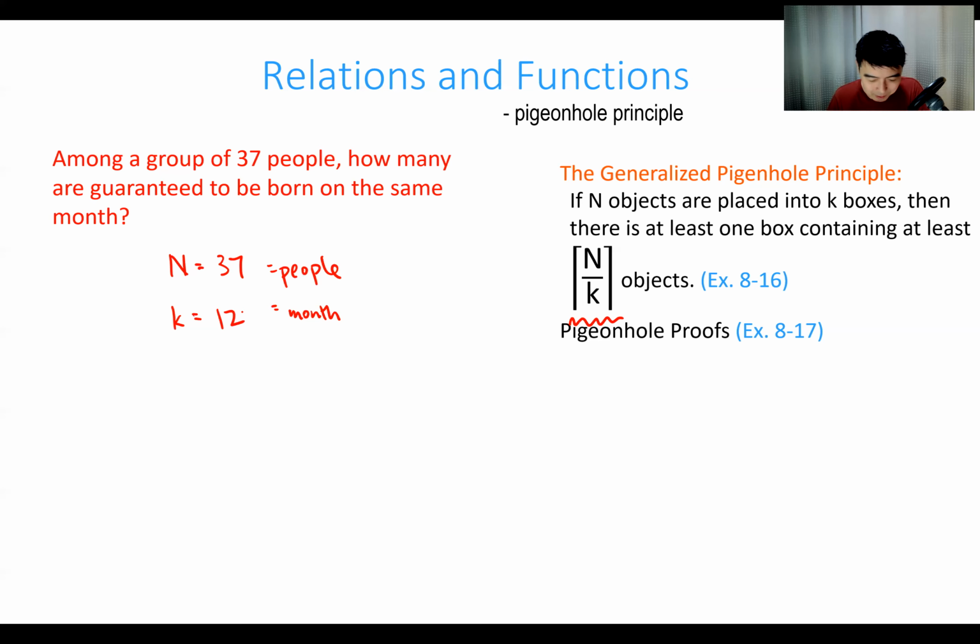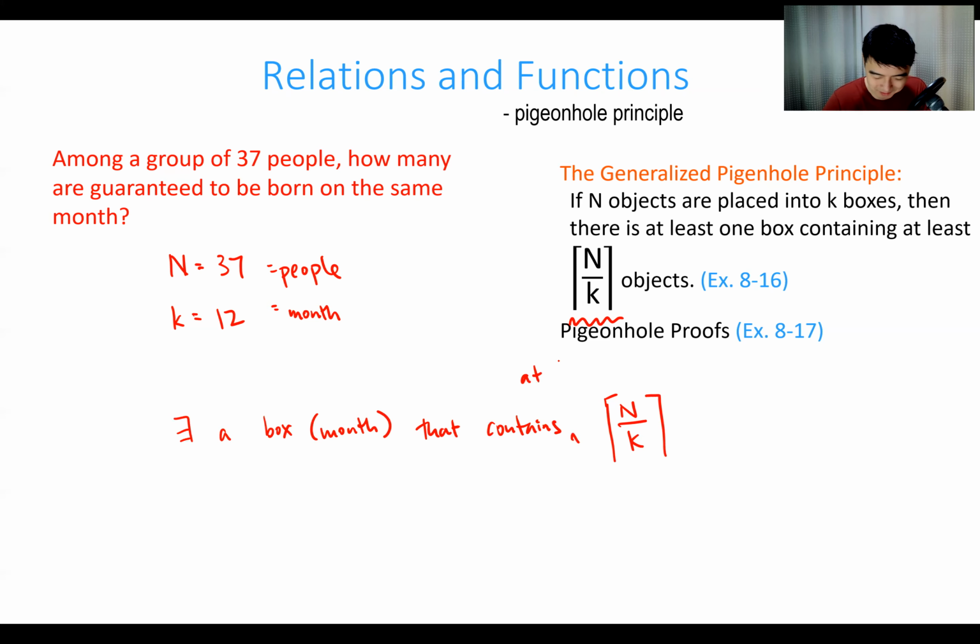Okay, so now we can rewrite our pigeonhole principle to say this. There exists a box. Now, in this case, the box is the month, right? So there exists a month that contains at least this many people, which is objects. Now, I should add the words at least, but if I don't add them in the future, you know what I'm saying.